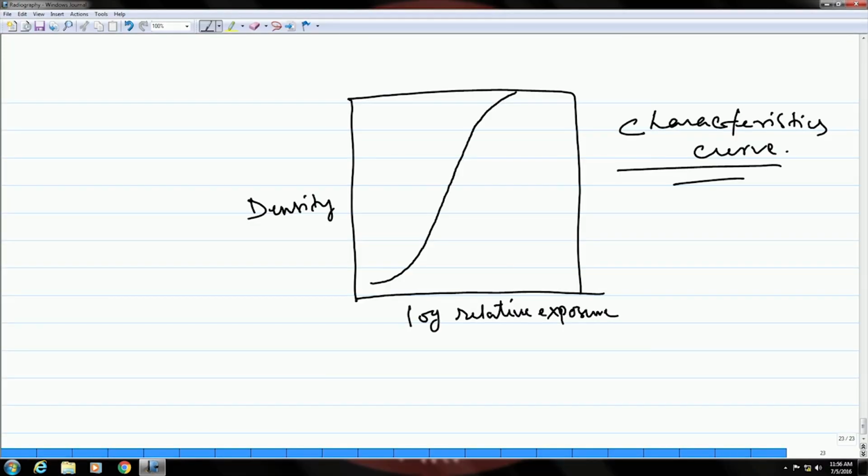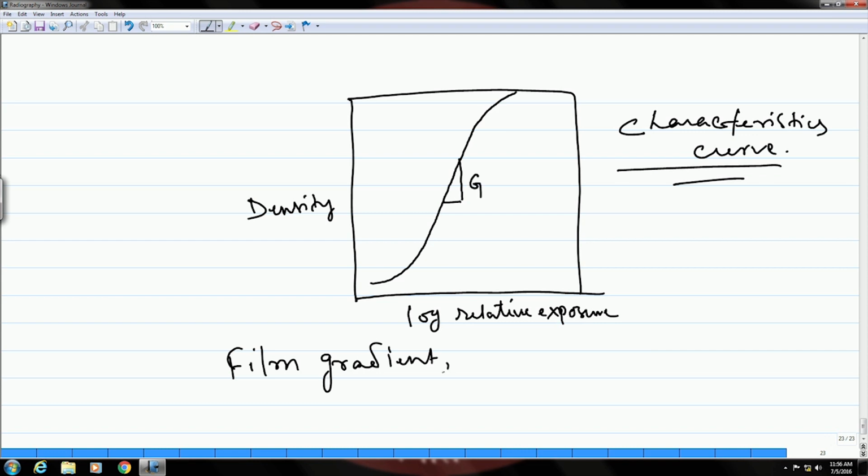So, this provides you another parameter known as film gradient, which is nothing but the slope of this straight line portion.